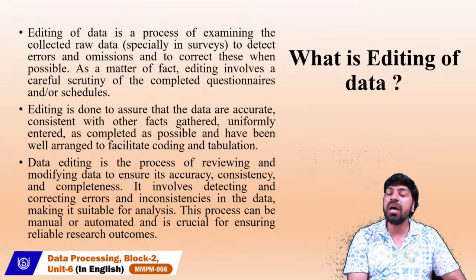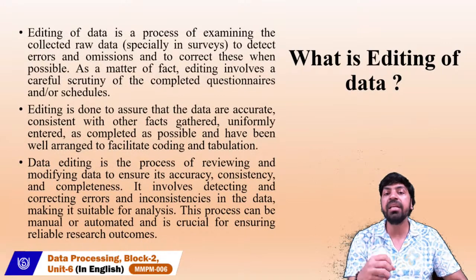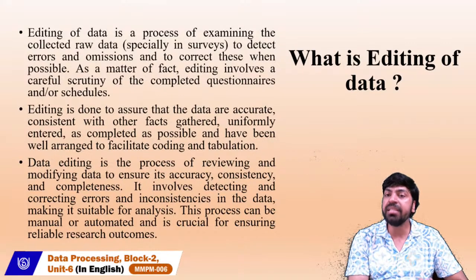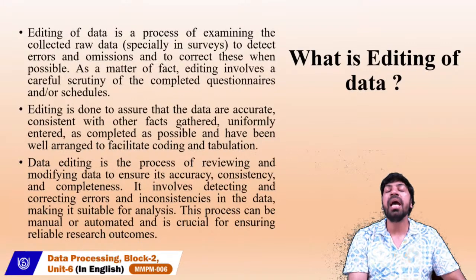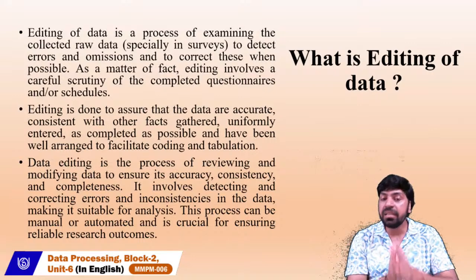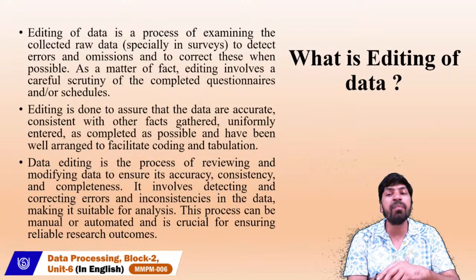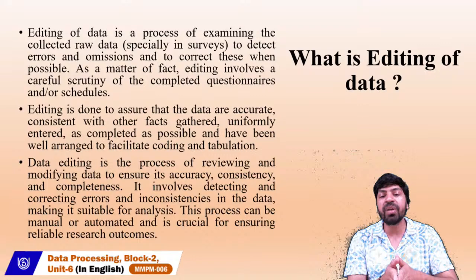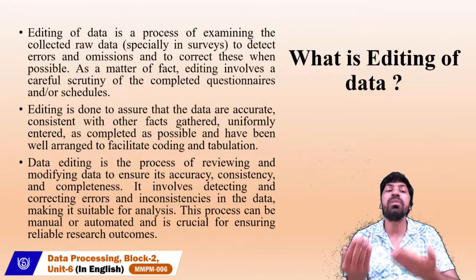Editing is done to ensure that whatever data has been collected is accurate and consistent with the other facts gathered by the researcher. It is properly tabulated, entered wherever the sheet has been given, as soon as possible when complete, and well arranged so that the coding and the tabulation process can go on.